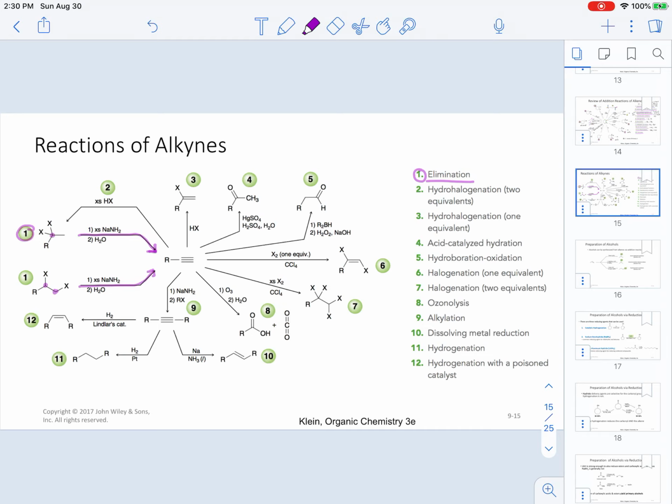The second type of reaction that we have here is hydrohalogenation, and here we're going to be utilizing 2 equivalents.